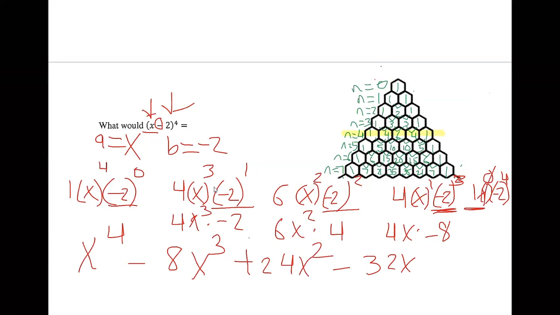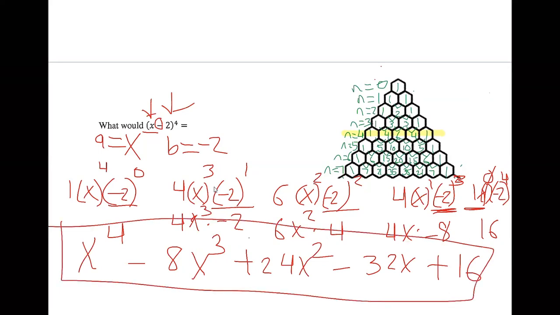So -2 times -2 times -2 times -2, that would be 4 times 4, which is +16. And that would be your answer. But one tip, if it's a subtraction, you're going to see that your signs basically alternate. If you just simplify, you should see that regardless.